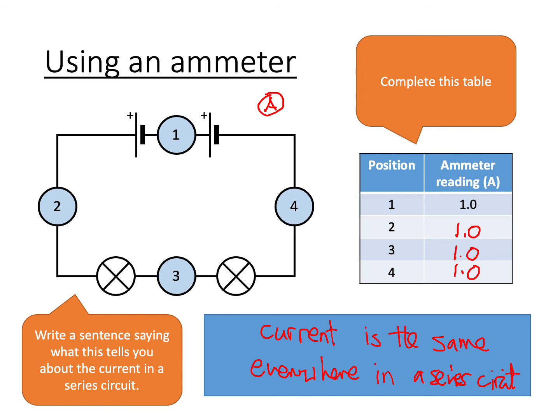If you had a friend at position 3 and they were counting, they're going to count the same number of cars as you, because the cars are going round the circuit and they're going to go past you and past your friend at position 3. It doesn't matter where you are on the circuit, you're going to count the same number of electrons every time. So the current is a measure of how many electrons are going by in a certain time.